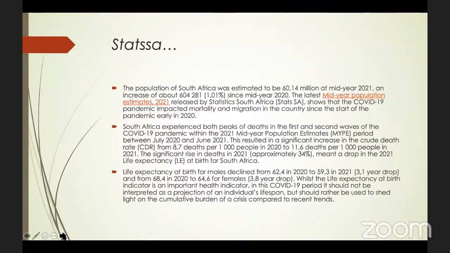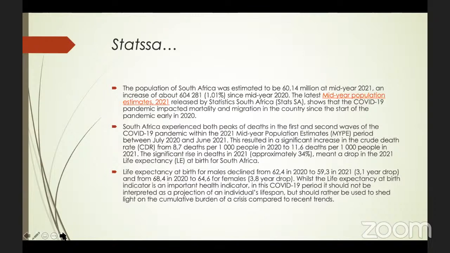So Stats SA published a document sometime this year, which states that the population of South Africa was estimated to be 60.14 million at mid-year 2021, an increase of about 604,281, which is 1.01% since 2020.